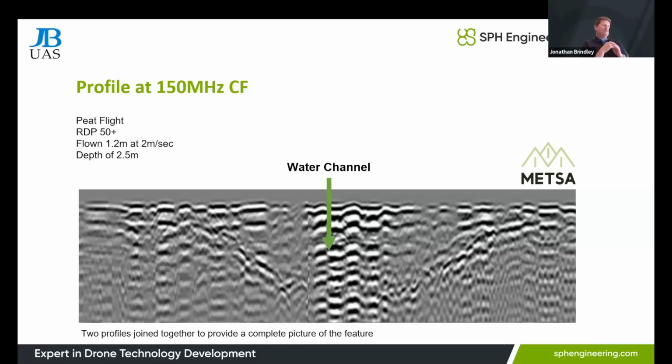That would be us moving towards the water channel and then moving away. That's showing us where the peat levels are, and also where the dielectric contrast is. And like I said, we saw that in the check and balance that we did using the boreholes.